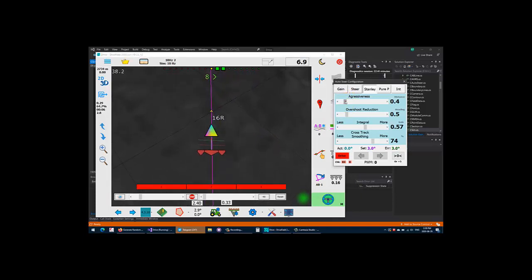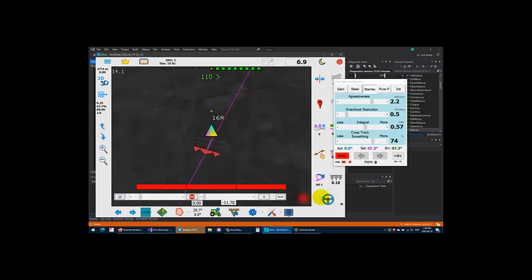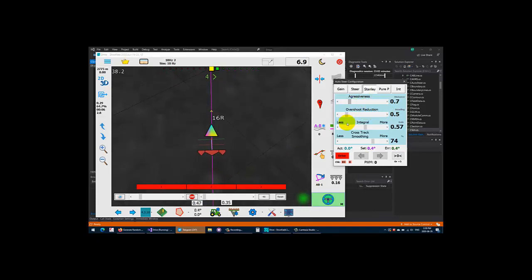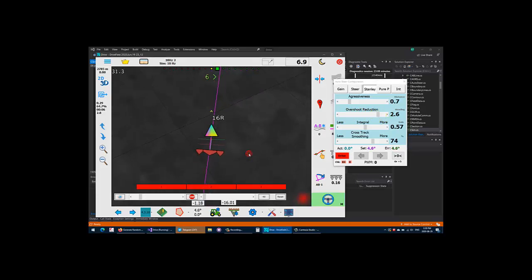So if we turn up our aggressiveness, like how much effect the distance has, that part works a little better. Try again. But you can still see that it crosses the line, and that's why I call this one overshoot reduction. Now remember, this one is all about the heading. So if we turn aggressiveness down, and we crank this guy up, go off the line.